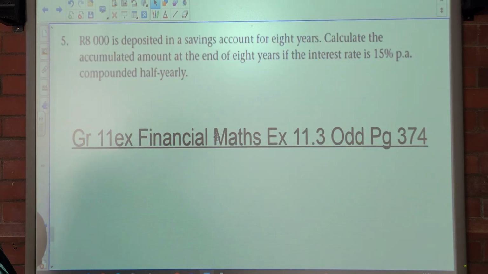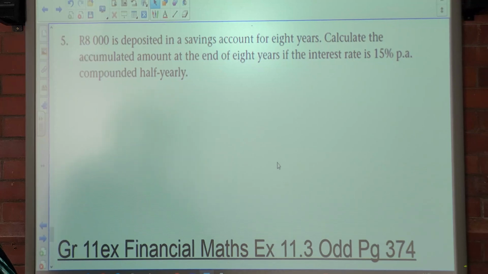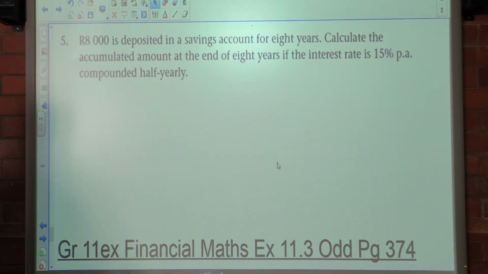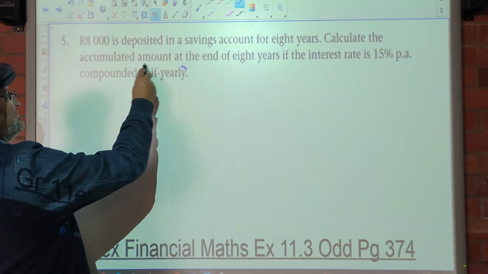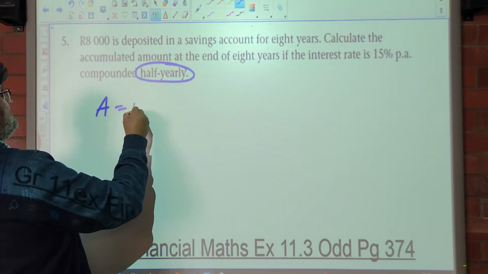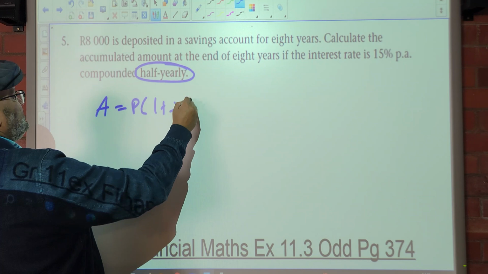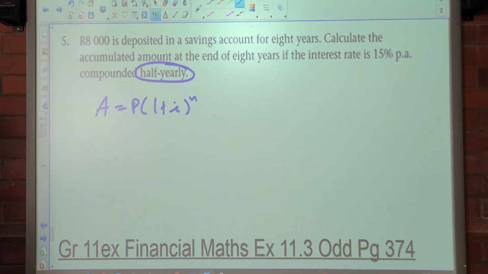Number 5. 8,000 rand is deposited into a savings account for 8 years. Calculate the accumulated amount at the end of 8 years if the interest rate is 15% per annum compounded half-yearly. So my formula A is equal to P into 1 plus i to the exponent n.